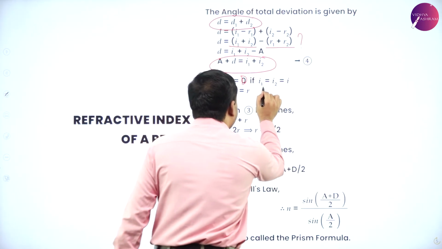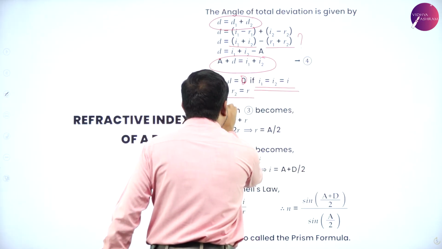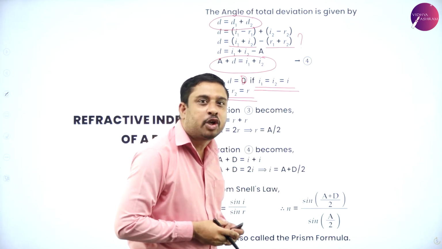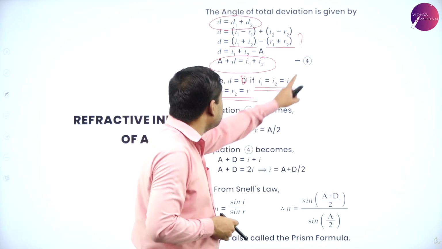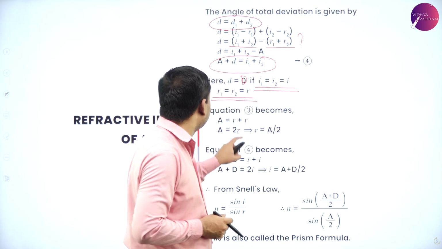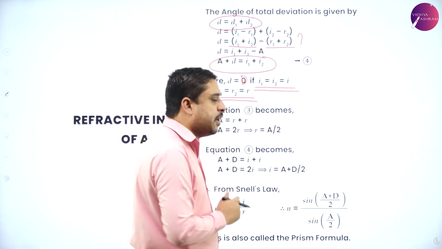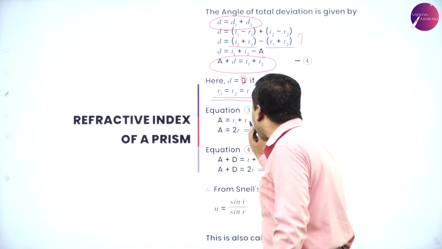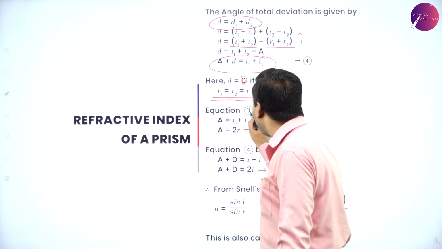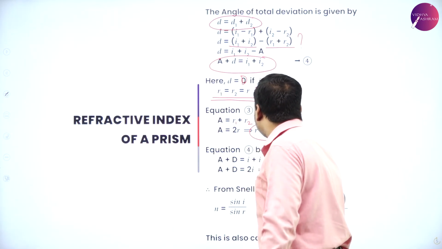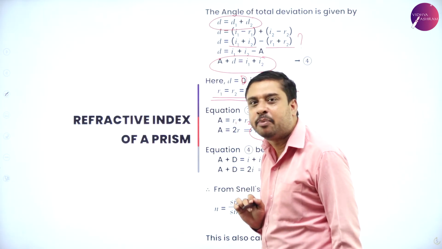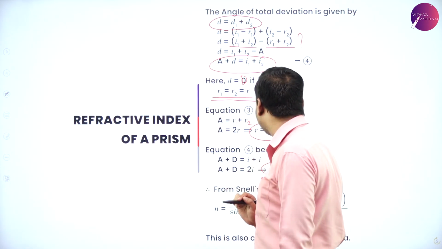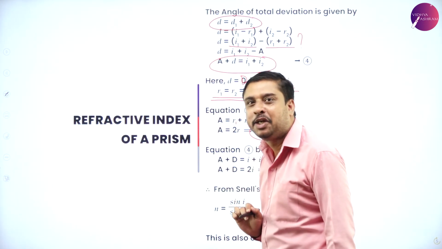As I told, if I1 equals I2 equals I and R1 equals R2 equals R. So, what does equation 4 become? Or equation 3 becomes? Equation 3 was written as A equals R1 plus R2. Now, both of them equal R. So, R equals A divided by 2. And equation 4 reduces to I equals A plus D by 2.